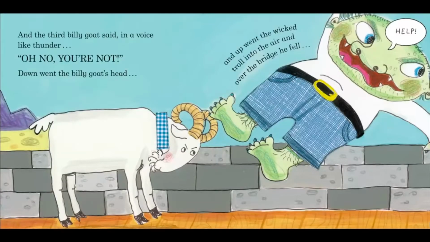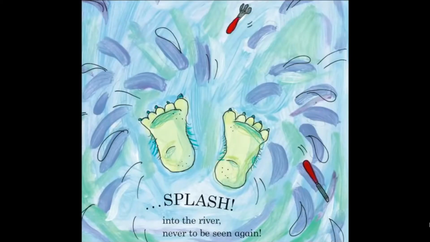And the third billy goat said in a voice like thunder, "Oh, no, you're not." Down went the billy goat's head, and up went the wicked troll into the air, and over the bridge he fell. "Help!" Splash! Into the river, never to be seen again.